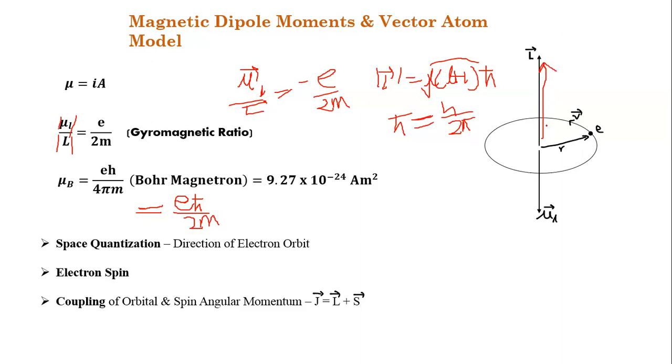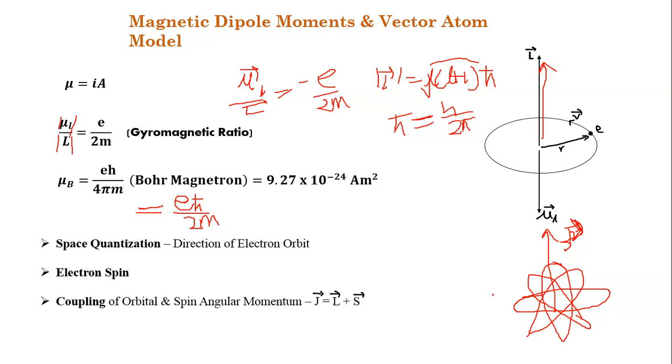However, if an external magnetic field is applied in the z direction, then due to this magnetic field there will be interaction with the orbit, and as a result the orbits will be rotated in different planes.